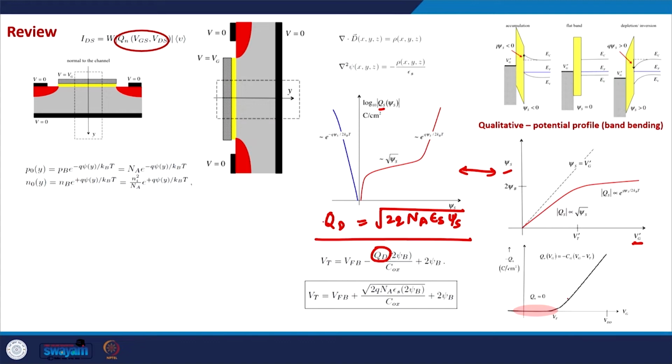So this is a qualitative picture of the relationship between Qn, which is the mobile charge in the MOSFET, which is the charge due to the electrons in the inversion layer.